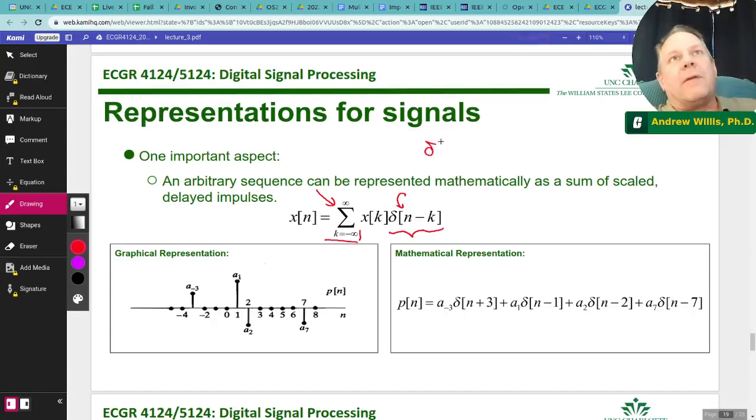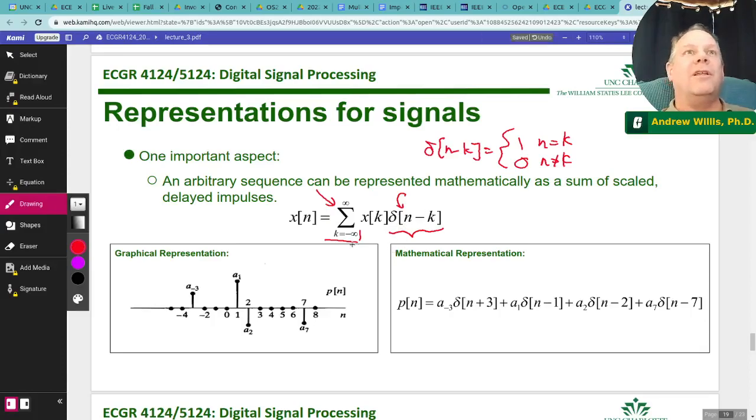When is delta of n minus k equal to 1? When n is equal to k, and it's 0 when n does not equal k, right? So this delta function occurs when n is equal to k.